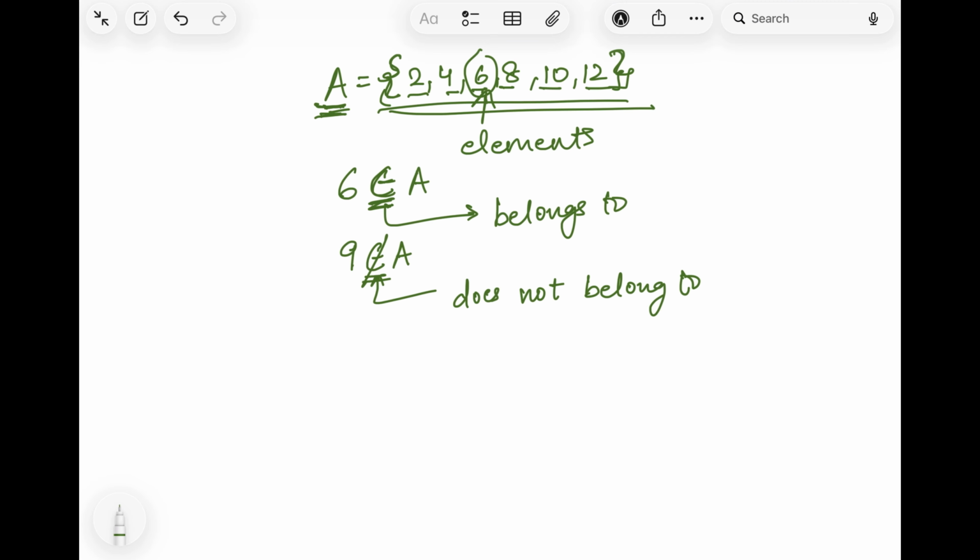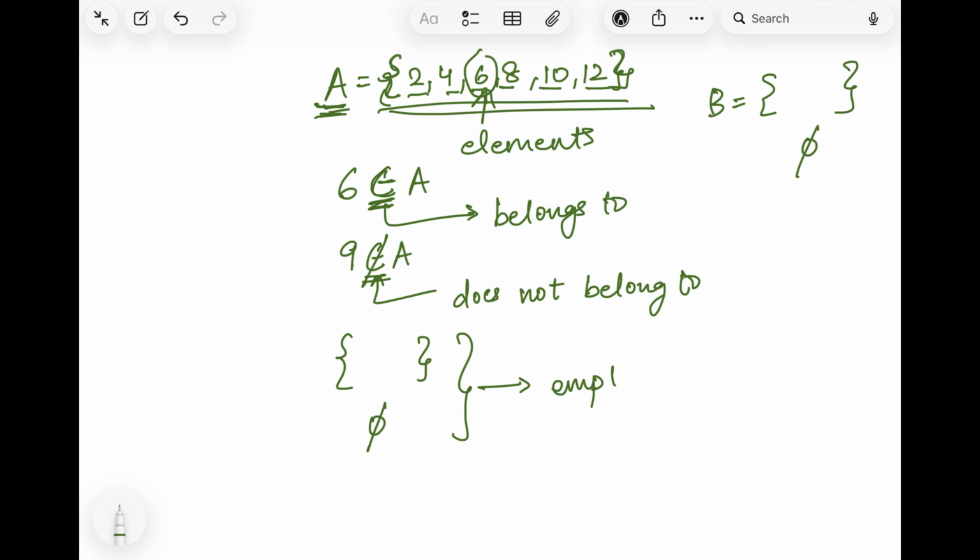And one more symbol, if there is another set B which has nothing in it, it is empty, or like this. So either this is given or this. Both denote an empty set. Also an empty set is called a null set, because if there are no elements in a set, it is called an empty set.